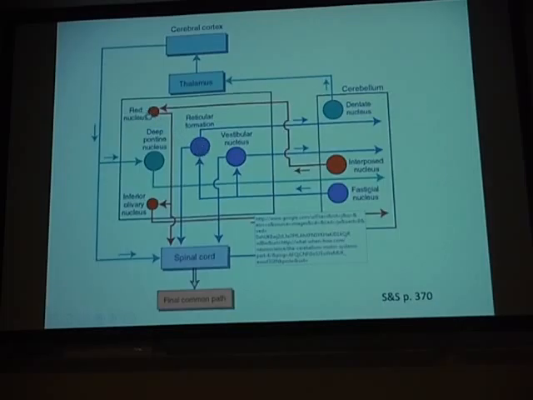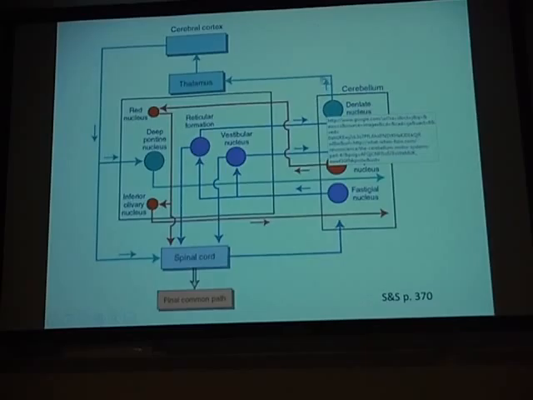Same thing with red nucleus. Here's our circuit in. Inferior olivary nucleus into the cerebellum, processing by the interposed nuclei, back out to the red nucleus. Cortically, or cerebral cortex, down to the deep pontine nuclei, into the cerebellum, processing in the dentate nucleus, back out, synapse in the VL of the thalamus, to the cortex.